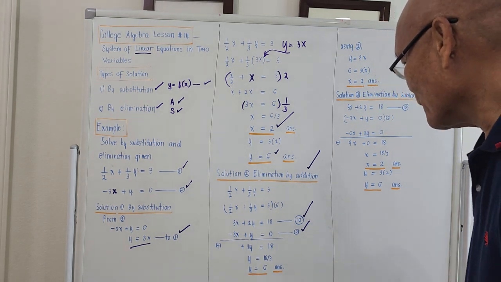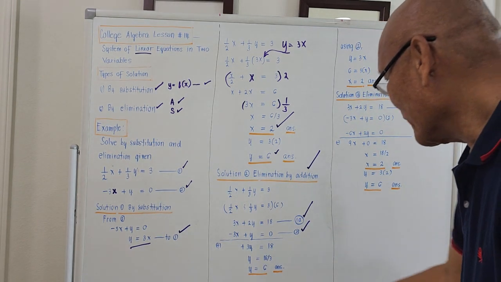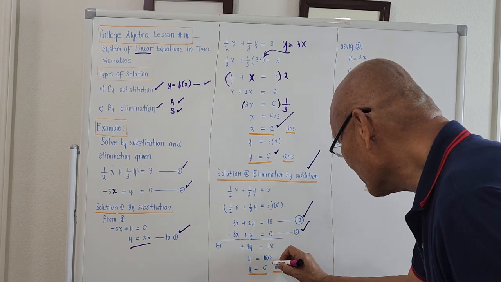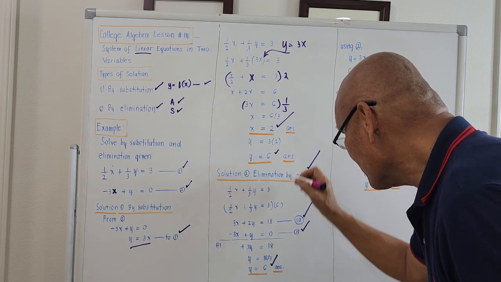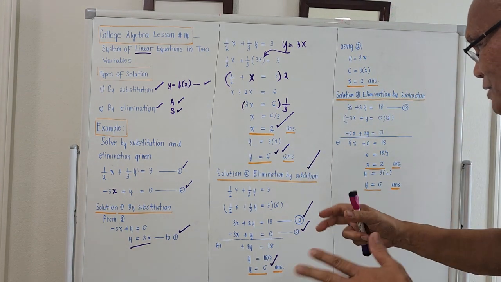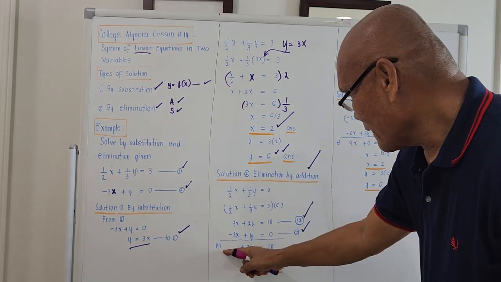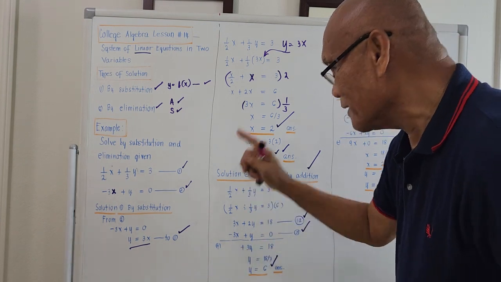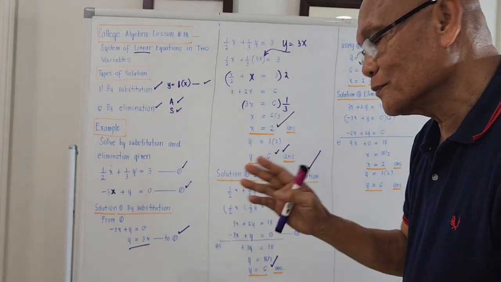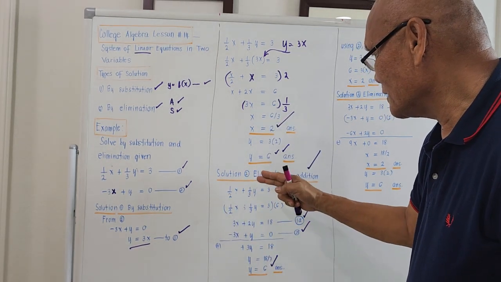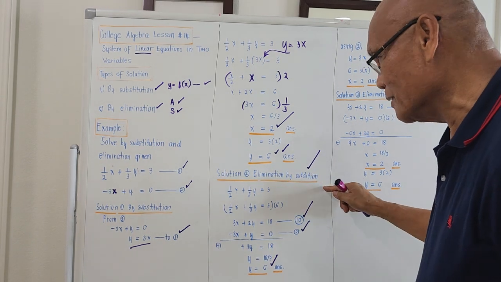So actually we could compute for y now. y now will be equal to 18 over 3, or y is equal to 6. Okay, same as this one. So if you notice it, by performing the operation addition, we eliminate x and we could compute for y. That is the name of the solution, elimination by addition.